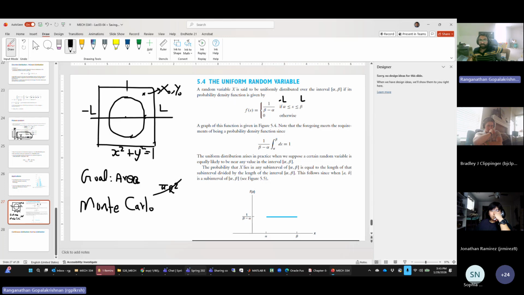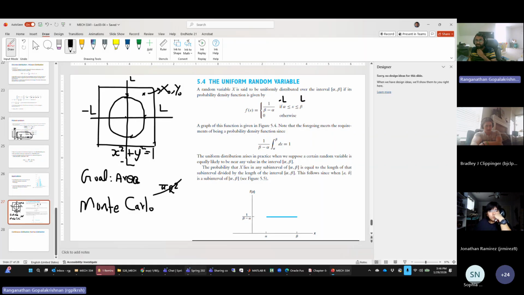And for the y direction, which also runs from minus L to plus L, I again select another random value. So if I choose two random numbers, I can define a point. Are you with me so far? If you select two random numbers between minus L and plus L, you define a point in two-dimensional space.